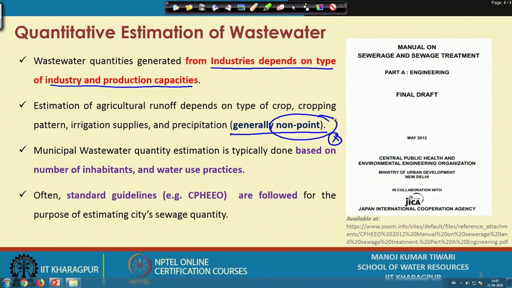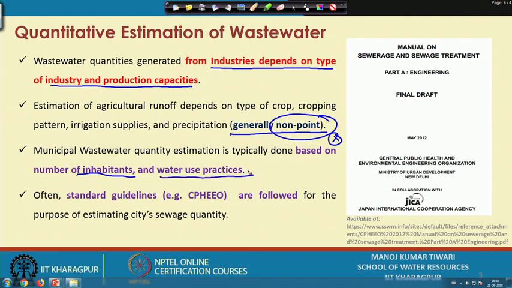The quantity of sewage estimation is typically done based on the number of inhabitants. What is the population of that town, how many people are residing there, that is one of the important factors, and then what are the water use practices.